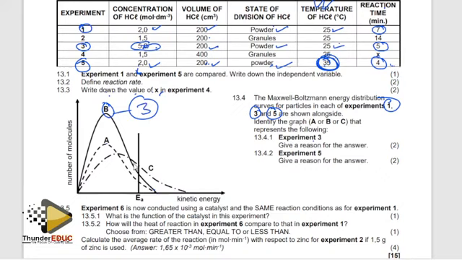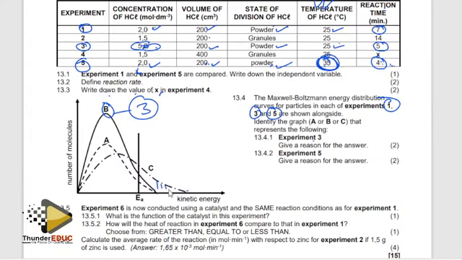Then number 2, now you're saying give experiment 5. Where is experiment 5? Experiment 5, what is different? It has the fastest rate. You see, meaning that it has a high number of particles which are colliding. So if you look at this, automatically this is going to have the highest number of particles.